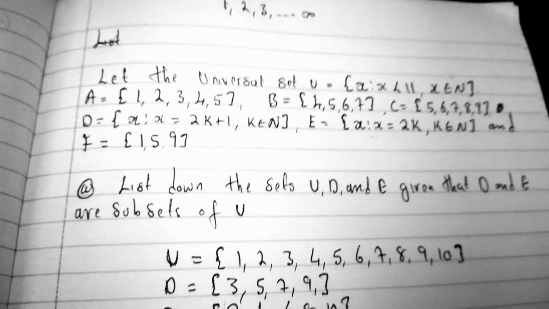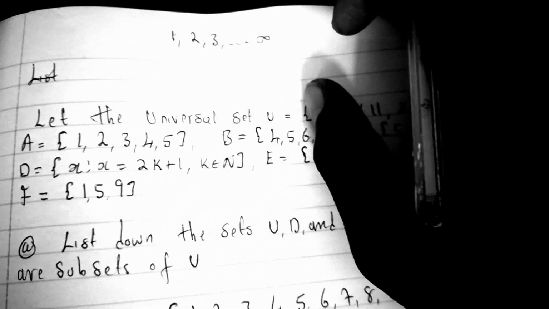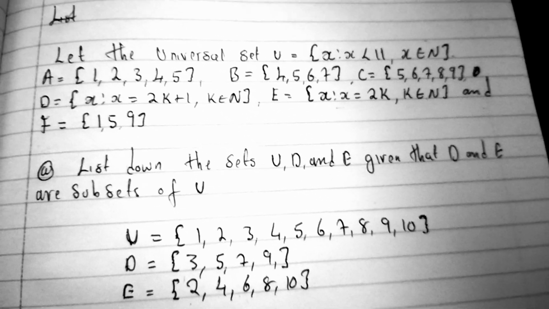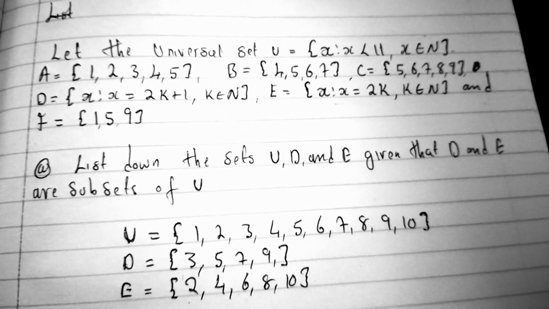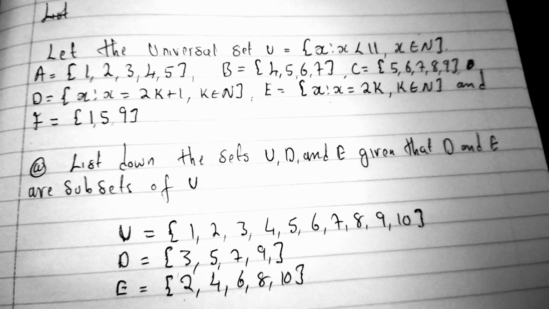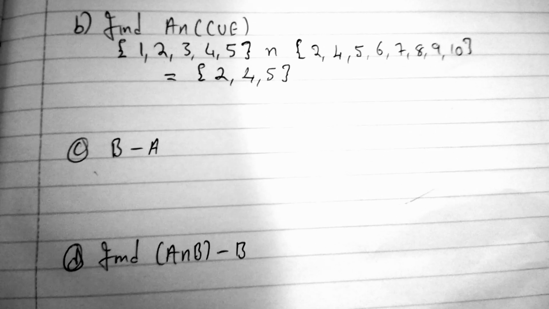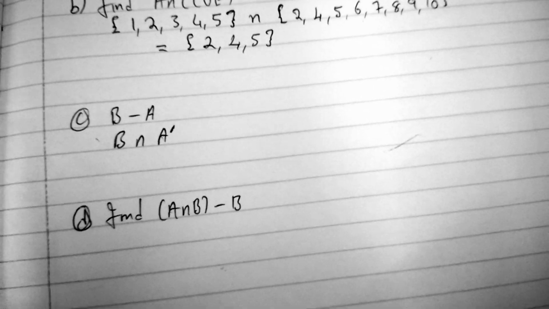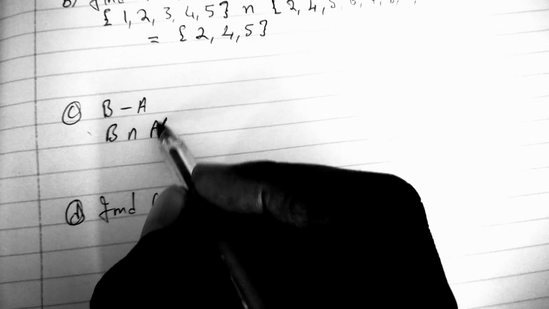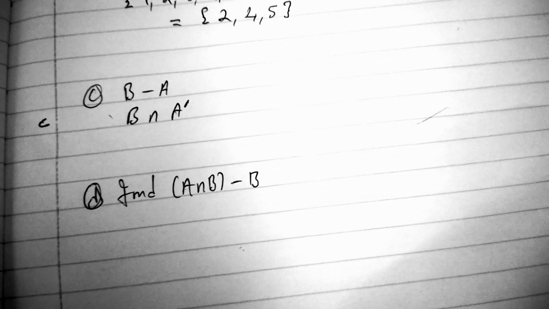So the same information that we've been given, that's the one we'll use to find all the questions that have been listed down. Since this can be written as B intersection A complement, for complement we can use this sign or the C that's usually written on top of the letter.